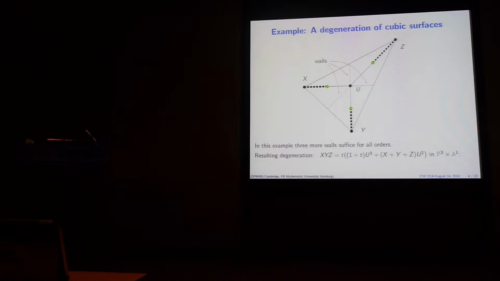And then you start scattering, or start inserting walls, and you see there's some problem here, you have to insert more walls to make things work. And in this example, just 3 walls suffice. That's a bit untypical. Typically, you expect infinitely many walls. Here 3 suffice, and then you can really read off the degeneration as an explicit equation.